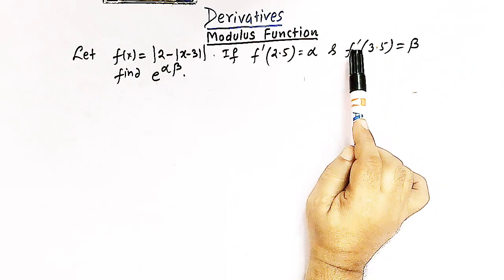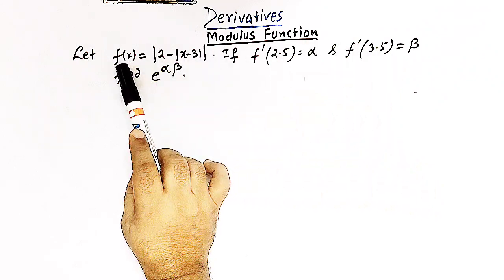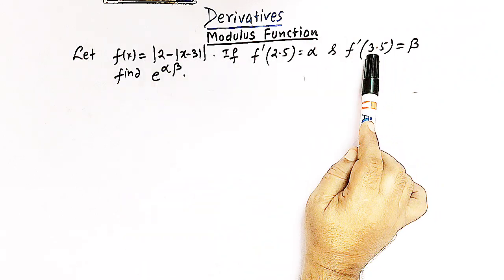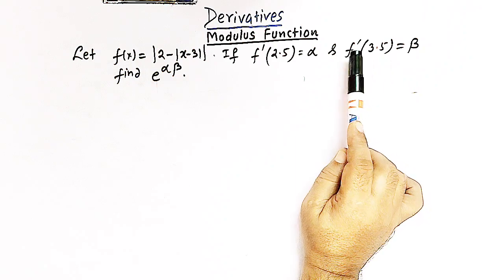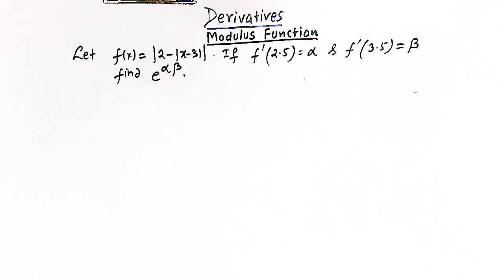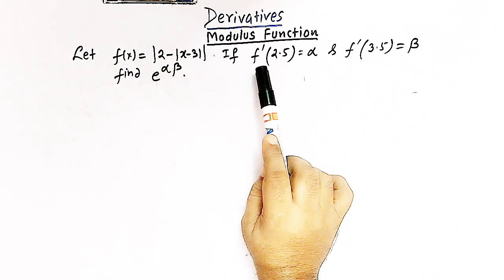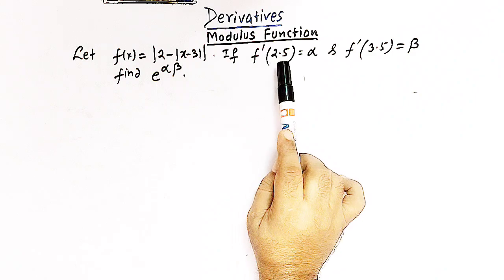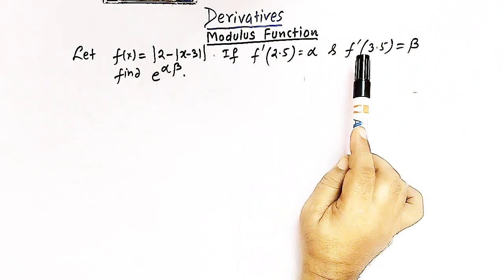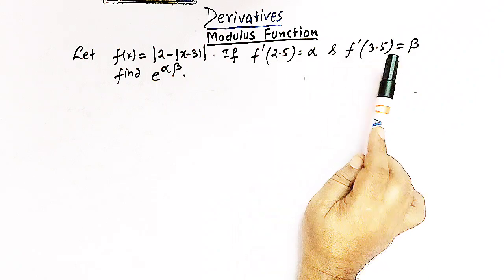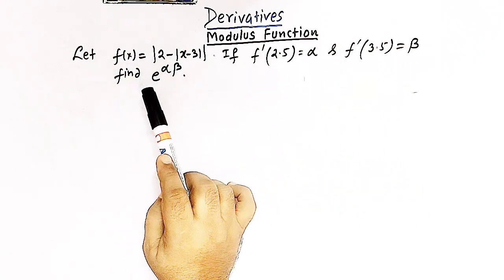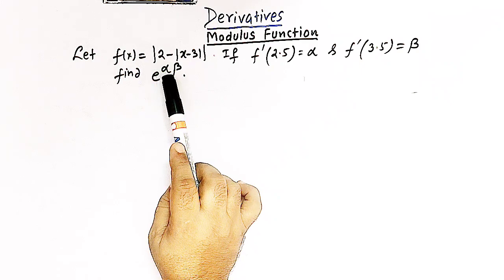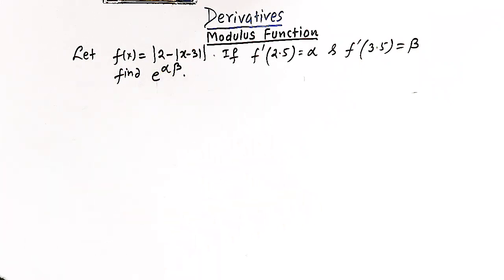And then we'll find out the derivative of this function f of x at this point. X is equal to 3.5, and we are taking f prime of 3.5 is equal to beta, right? So once we get the value of f prime of 2.5, that is alpha, and f prime of 3.5, that is beta, then we have to calculate the value of e raised to the product of alpha and beta.